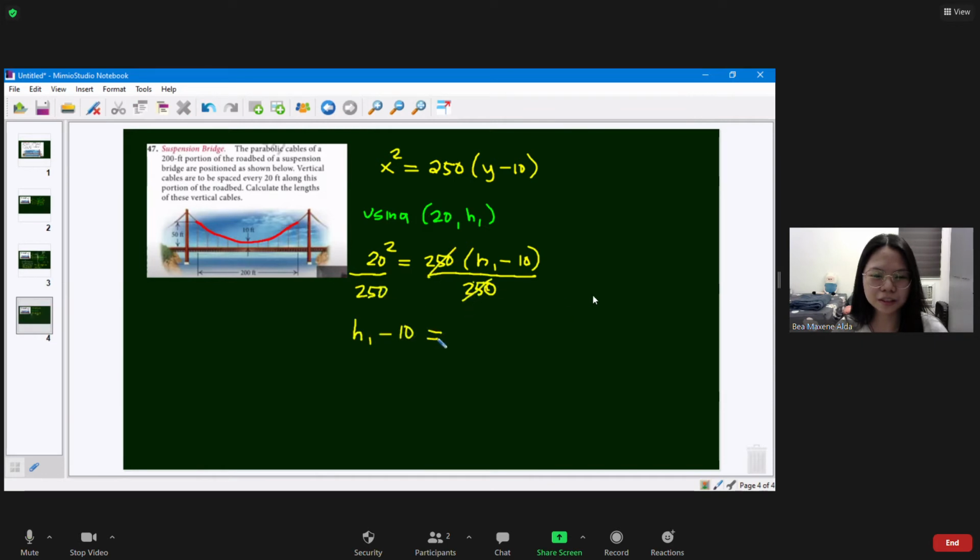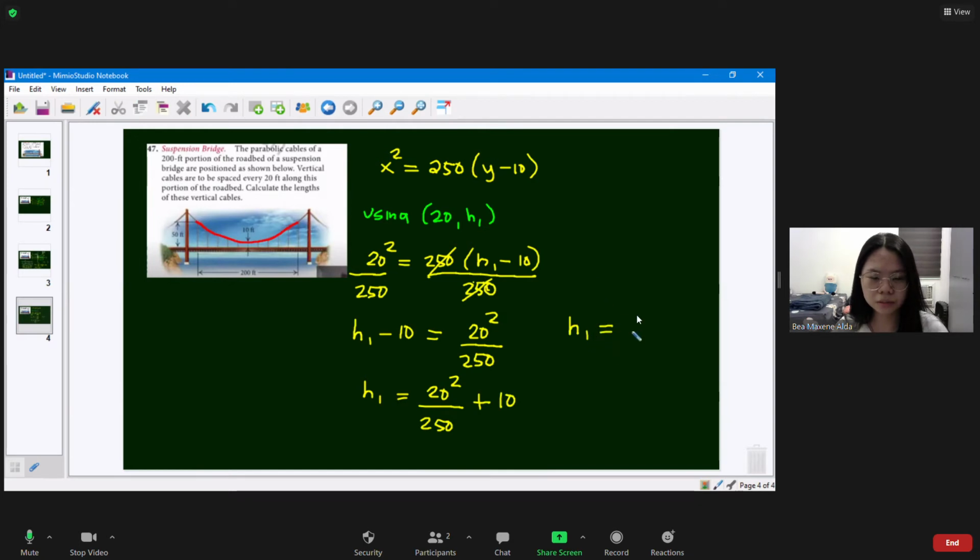So h, or our height, would be equal to 20 squared over 250 plus 10. Kasi nga, nilipat natin sa one side of the equation.